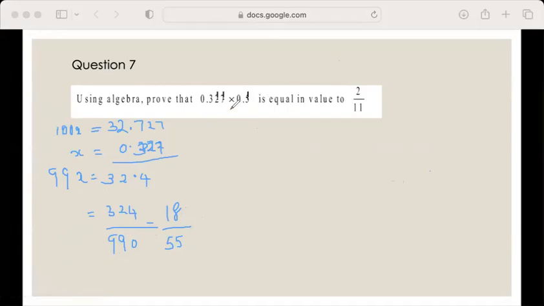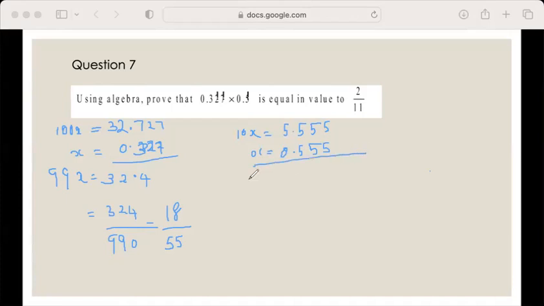Let's work out the second one. 0.5 is recurring. So just one decimal place is recurring. So we times it by 10. So 10x is equal to 5.555. That's it. And 1x is equal to 0.555.